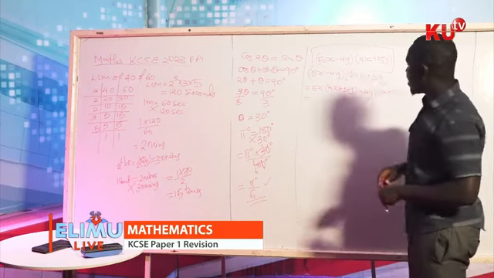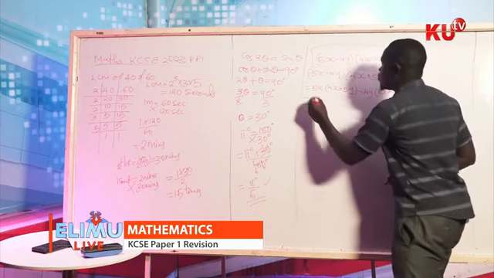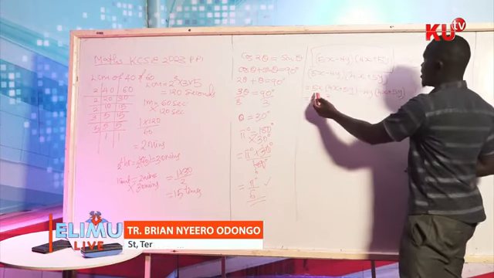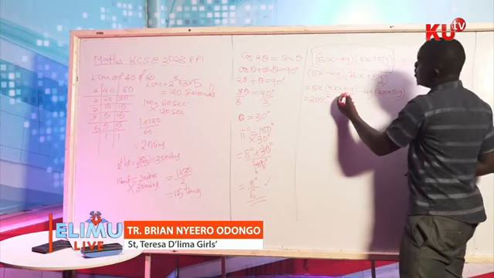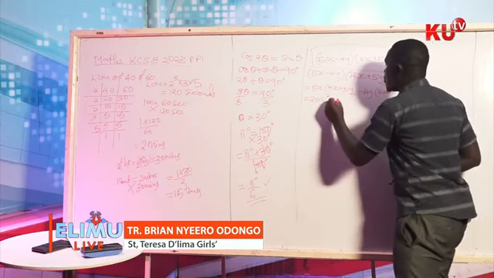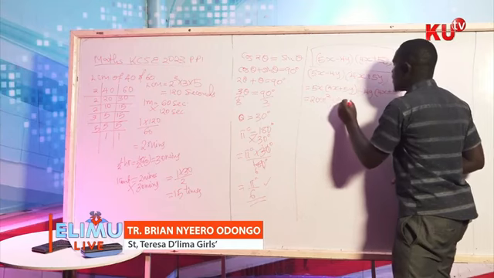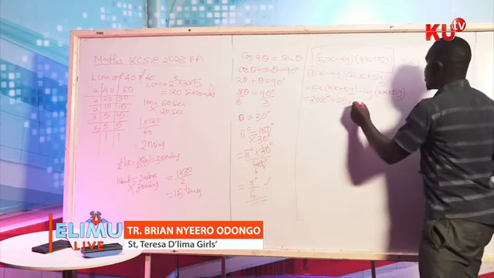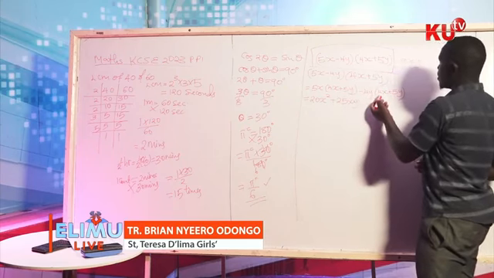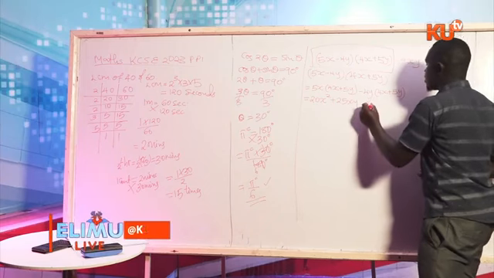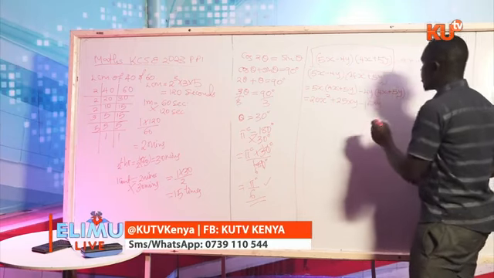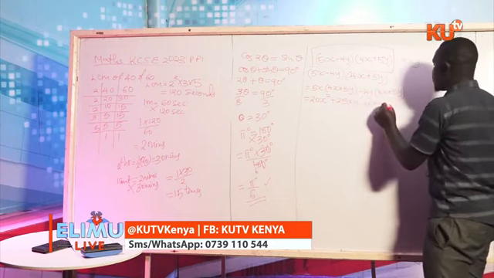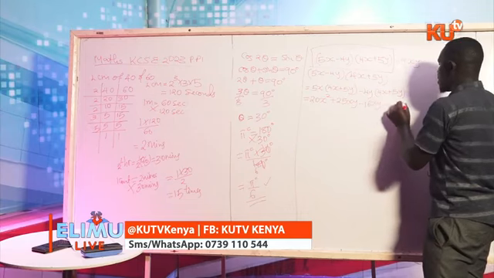Now, 5x times 4x gives you 20x squared. 5x times 5y gives you positive 25xy. Then this is now minus 4y times 4x, this gives you 16xy. Then negative 4y times positive 5y gives you negative 20y squared.